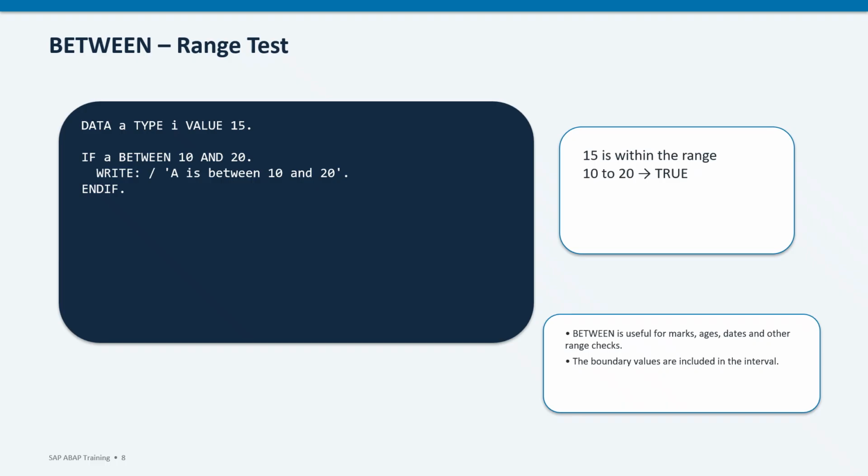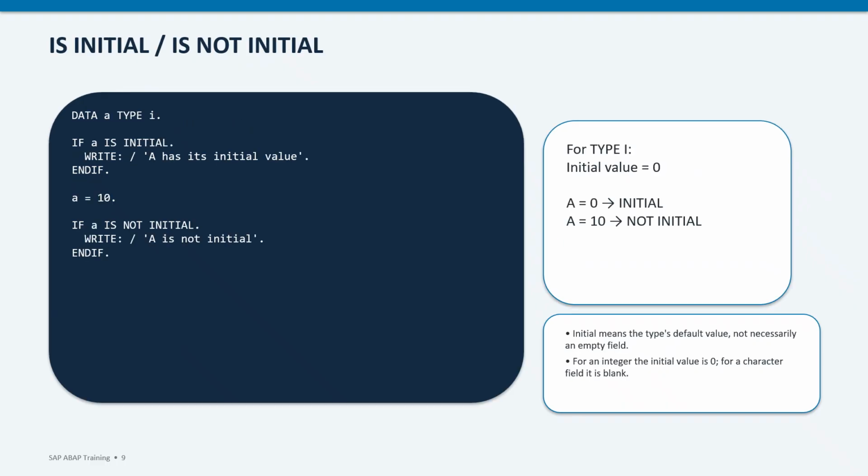Next we'll discuss IS INITIAL and IS NOT INITIAL. IS INITIAL checks whether a variable contains its initial value. For example, here data a is of type I, and its value is not initialized, so by default it is 0. Now the condition is: if a is initial, meaning we have not given any value like 5 or 10, then it is true and we get the output that a has its initial value.